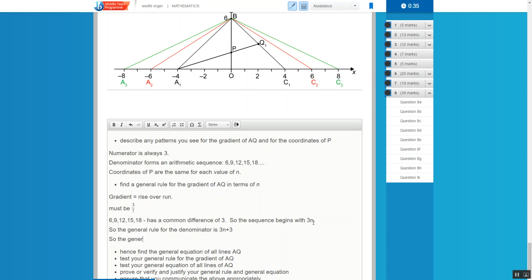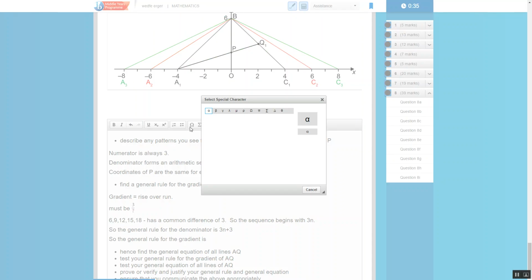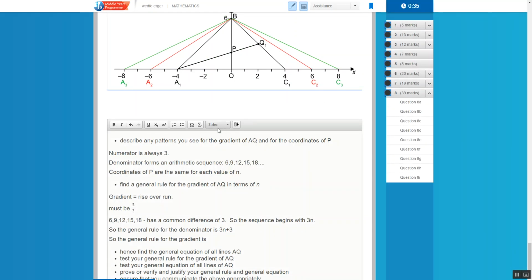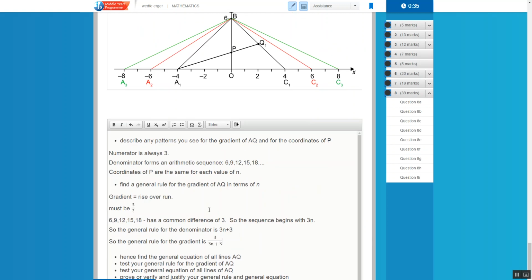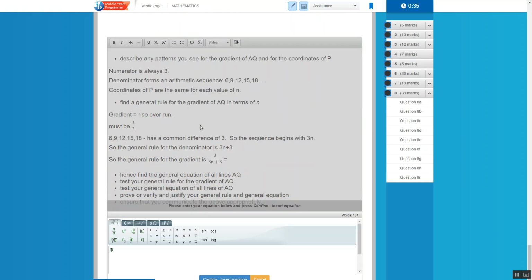So the general rule for the gradient is 3 over 3n plus 3. And of course, that's going to simplify to 1 over n plus 1.